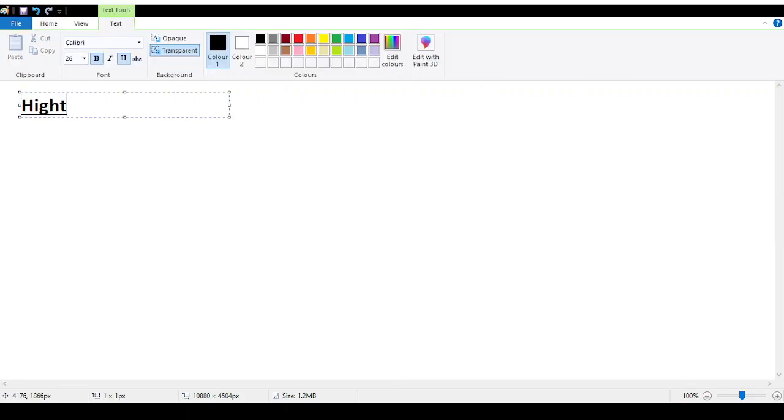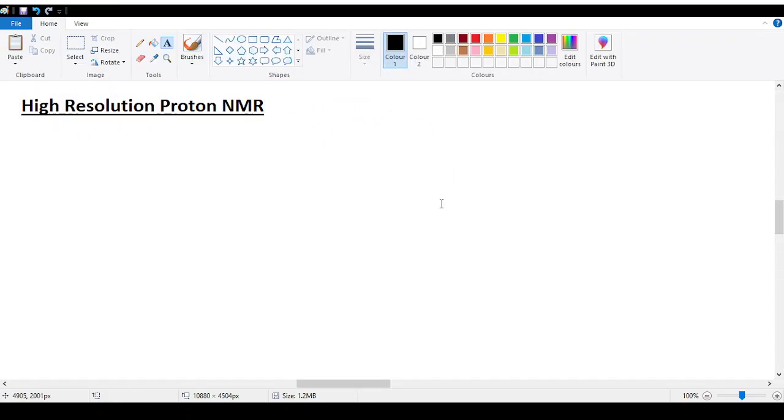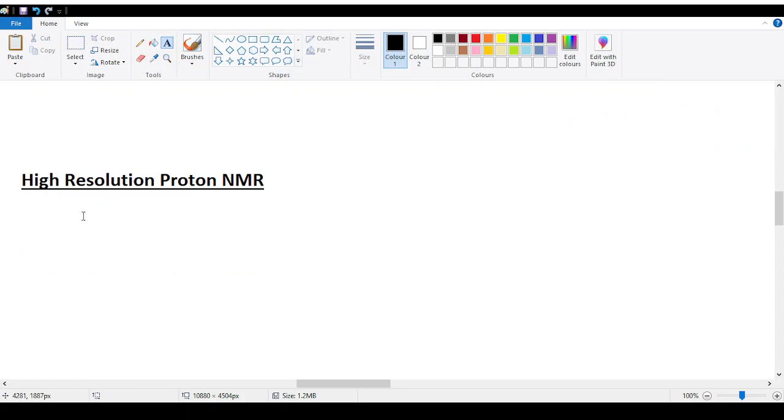So we'll now look at high resolution proton NMR. Remember, we're still considering the protons, the hydrogen atoms. The only difference is it's higher resolution. Now, what's the difference between a low resolution NMR and a high resolution NMR?